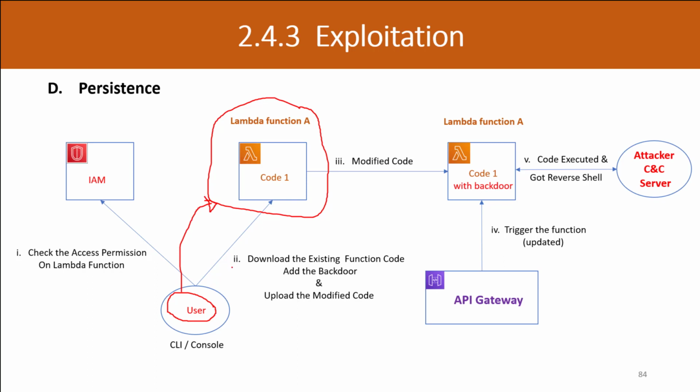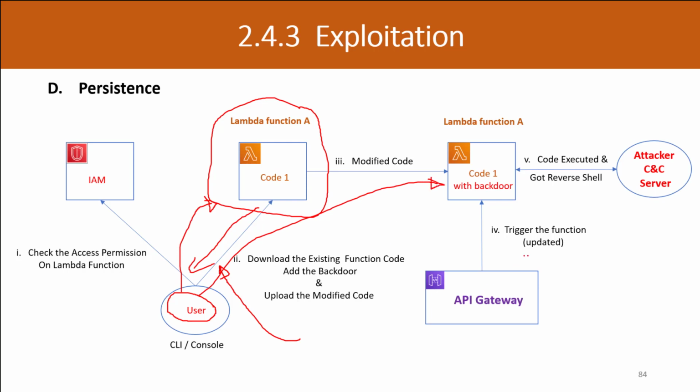Now suppose this user first downloads the code from the Lambda function, then creates a backdoor, changes this function code, and uploads or updates the code again on the Lambda function itself.